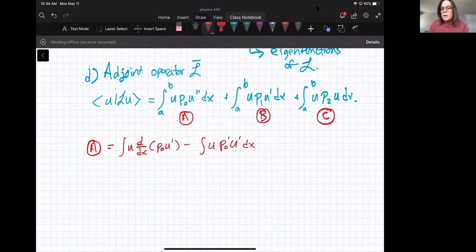And in fact, what we've done here, before we did integration by parts, was just recognize that d dx of p naught u prime is equal to p naught u double prime plus p naught prime u prime. So we just substituted those in.